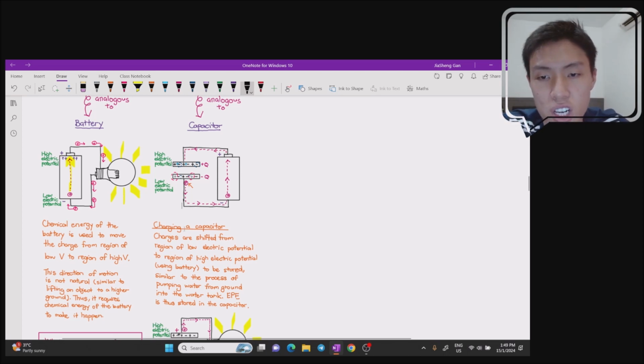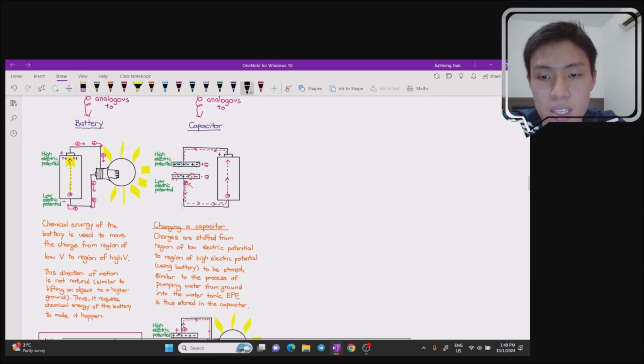Okay, so for charging a capacitor, which is what happened in this diagram here, charges are shifted from a region of low electric potential to a region of high electric potential using the battery to be stored. So when this battery provides energy to bring the charges from one plate to another plate, then here will slowly be the high electric potential region, whereas here it will be the low electric potential region.